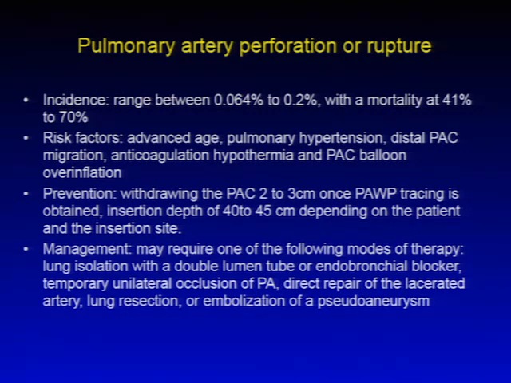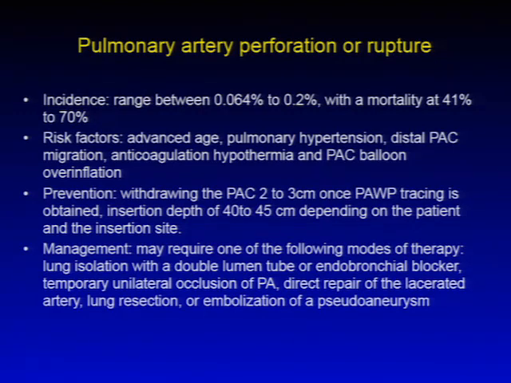The risk factors include advanced age, pulmonary hypertension, distal PAC migration, anticoagulation, hypothermia, and PAC balloon overinflation. Try to withdraw the PAC catheter 2 to 3 centimeters once the wedge tracing is obtained. Insertion depths of 40 to 45 cm depending on the patient and the insertion site.